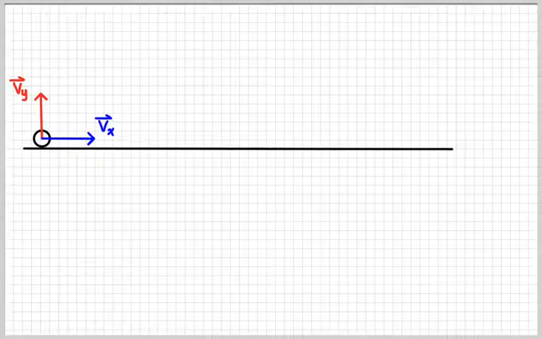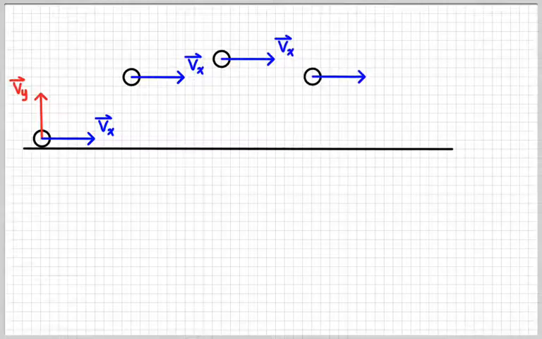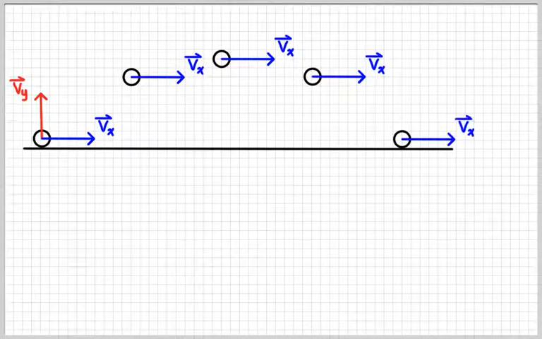So if we have a projectile that's launched upwards and forwards, it moves forwards and moves upwards. It's got a constant horizontal velocity. And so our picture would end up looking something like this. Notice that each time it moves forwards by the same amount. So all those spaces are equal because the horizontal velocity is constant.